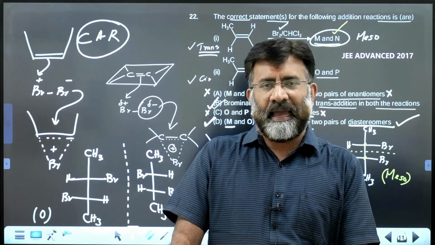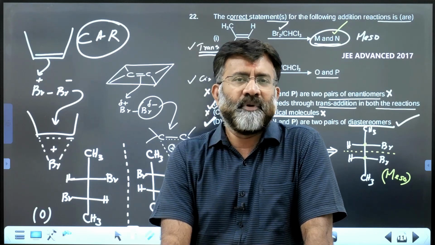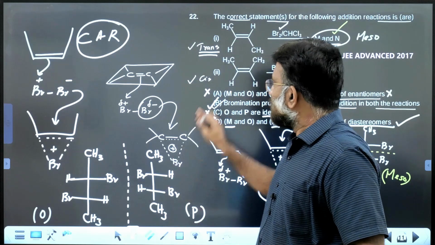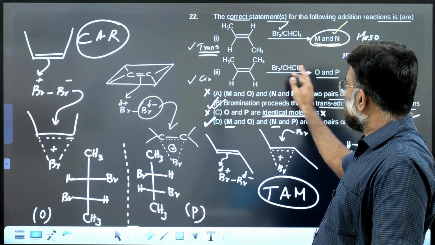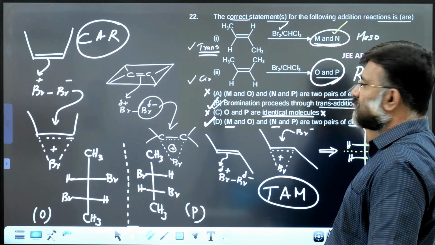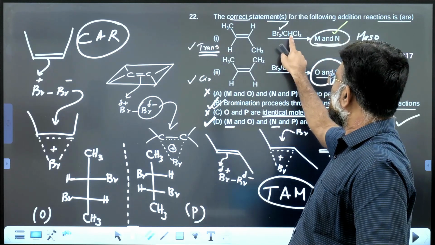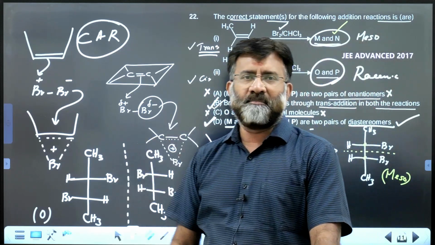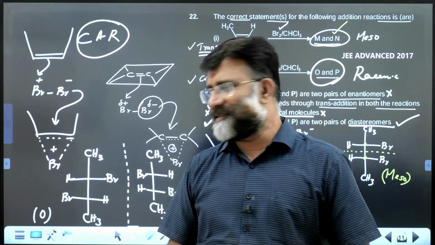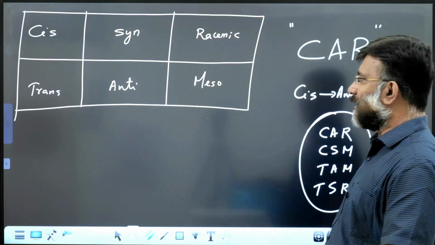Here it was an anti-addition reaction, bromination across 2-butene, cis-butene and trans-butene. Cis-butene undergoing anti-addition, you will get a racemic product, an equimolar mixture of enantiomers. While trans compound undergoing anti-addition, you get a meso. Which combinations are possible, we have already discussed in detail in earlier classes.